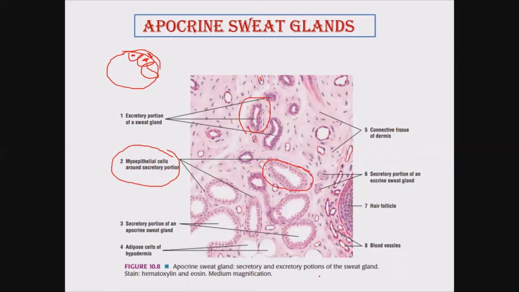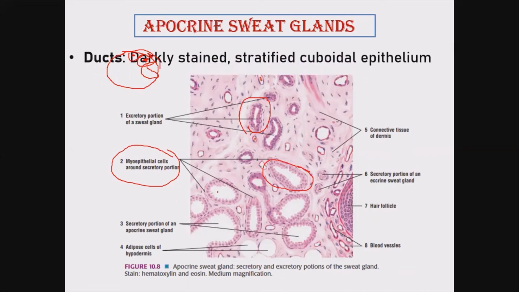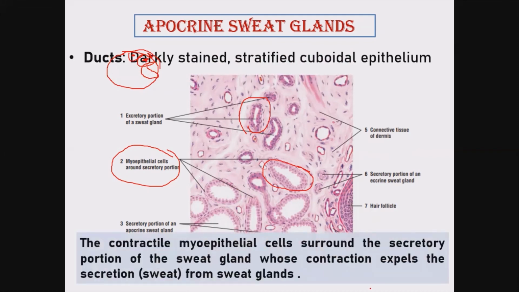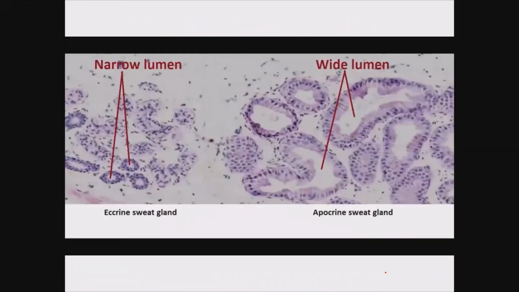So we can make out the flattened nuclei near the basal lamina. That is why myoepithelial cells contract and lead to secretion. Contractile myoepithelial cells surround the secretory portion, where contraction expels the secretion from the sweat glands onto the surface or onto the hair follicle, depending upon whether it is eccrine or apocrine.